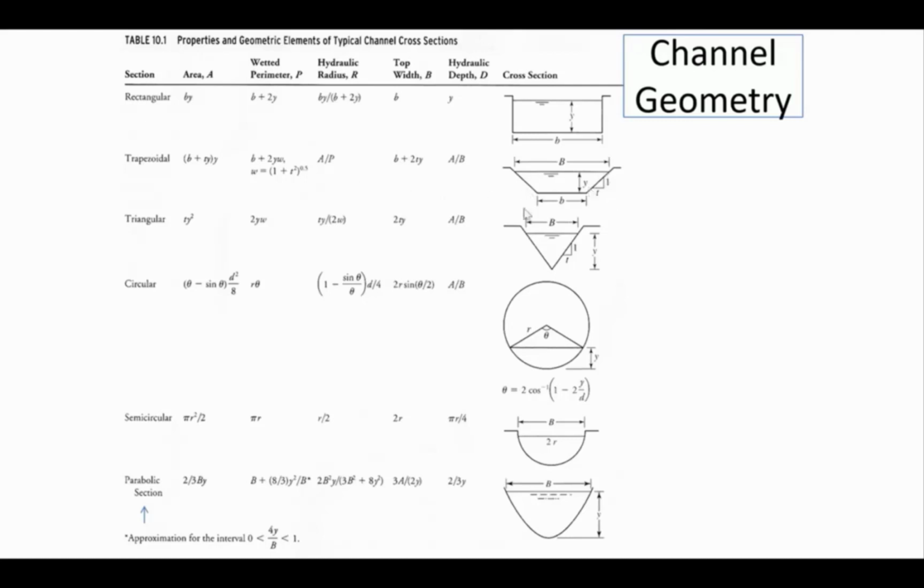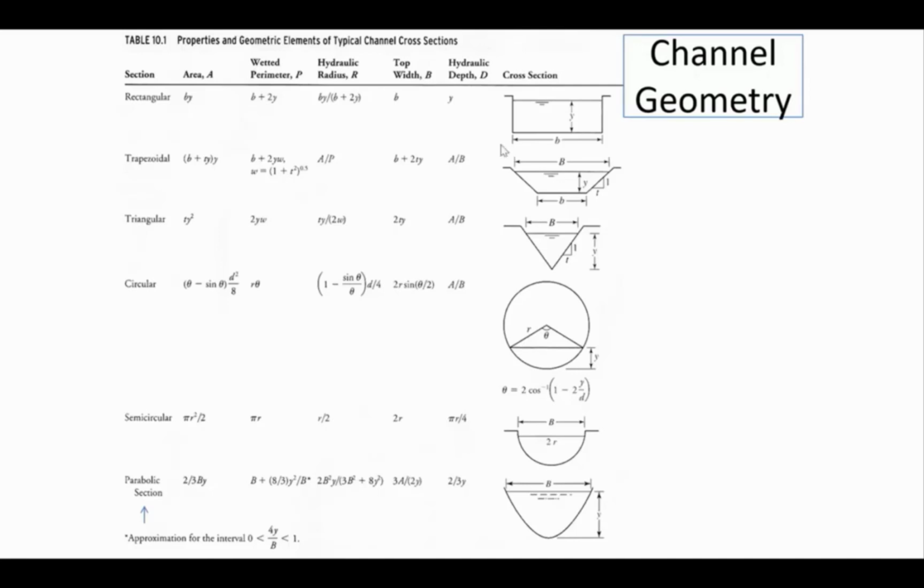And so with that side slope being defined, then you can find the length of the side of the channel with this formula for W. So 2 times y times W. So all of these different shapes, you can find the wetted perimeter distance. Hydraulic radius, remember, is the area divided by the wetted perimeter.